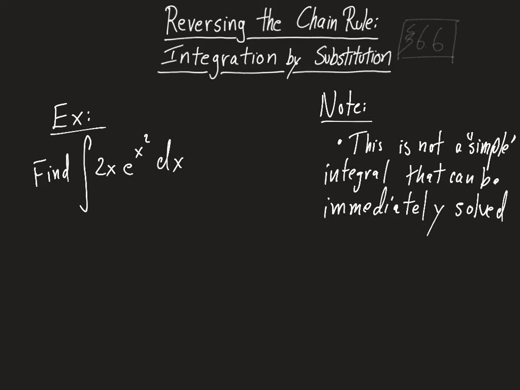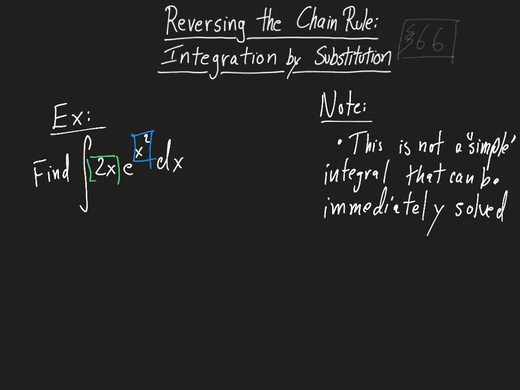So the reason for this is twofold. First off, one reason is that in the exponent of our e over here, we have an x squared, not just an x. And when we covered our exponential rule for integrals, we saw that it worked for only e to the power x, or e to just a simple variable, whatever your simple variable is. And we don't have any rules that tell us how to deal with something like e to the power x squared or e to some more strange power. So that's the first thing that we notice is an issue.